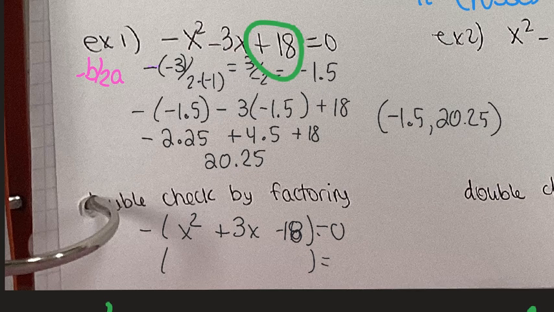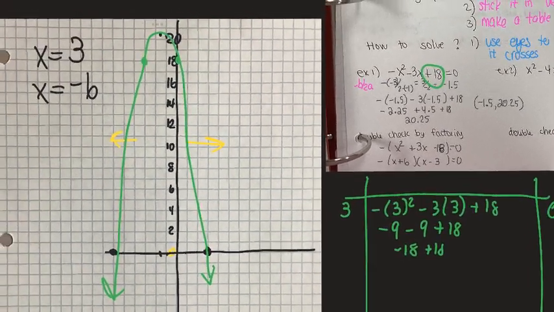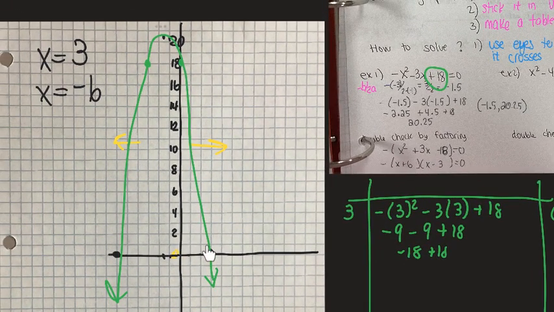So is it going to be 9 and 2 or 6 and 3? It's going to be positive 6 and negative 3. And if I checked by factoring, is that going to give me the same thing that it gave me by graphing it? Yes, it is. This would equal negative 6 right there. This would equal positive 3 right there.